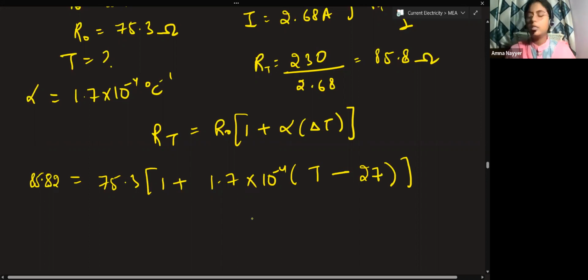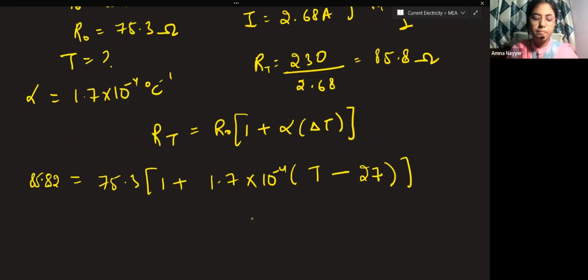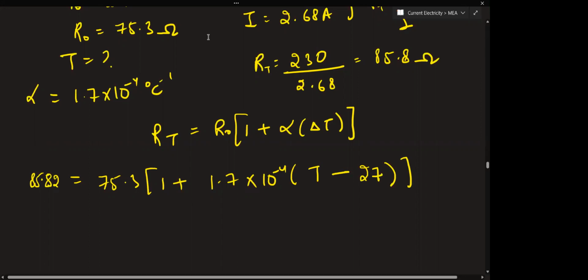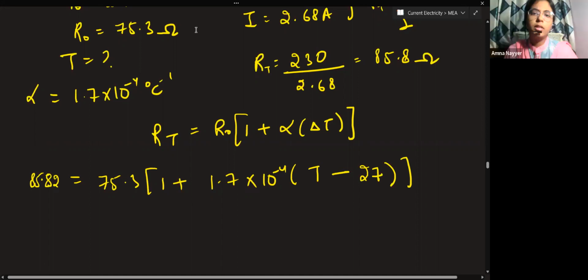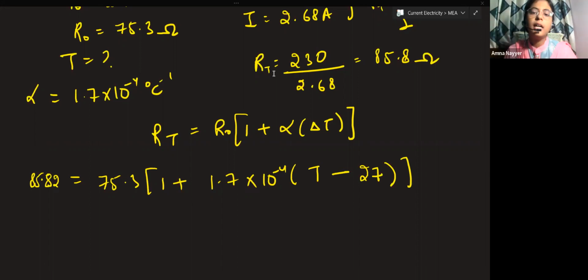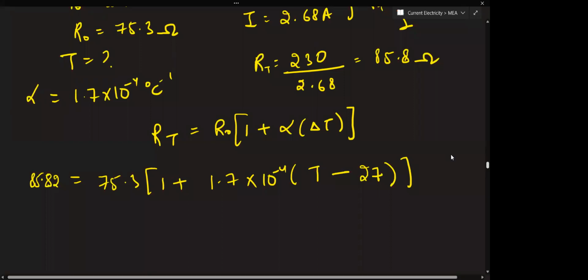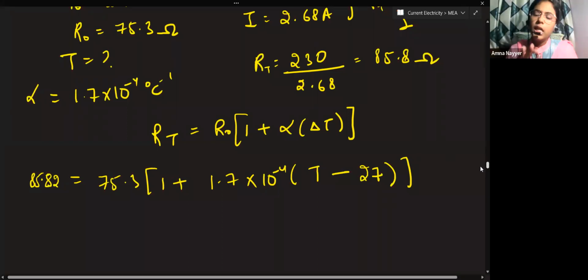So let me just check its answer. Ma'am, don't we have to convert 27 degrees? No need to convert it. The reason is that when you take the change in temperature, whether you convert 27 degrees Celsius into Kelvin and convert T also into Kelvin, the difference will be the same as in degree Celsius.